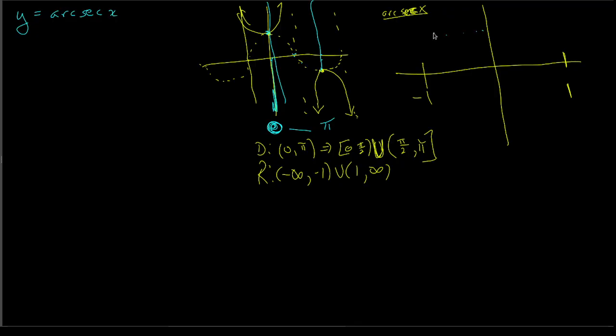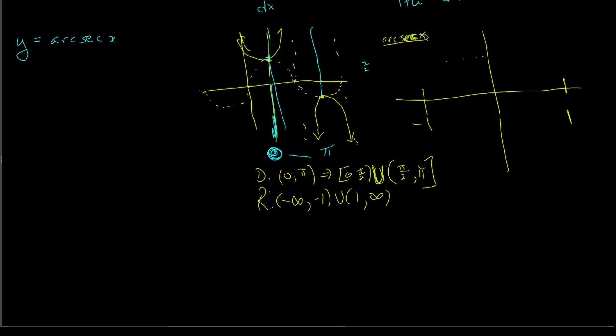So if I make this pi over 2, and it's working its way towards 1, and at its biggest value it ends at pi. So we'll put pi here. Then this function's going to come up asymptotically from infinity and at negative 1 reach pi.